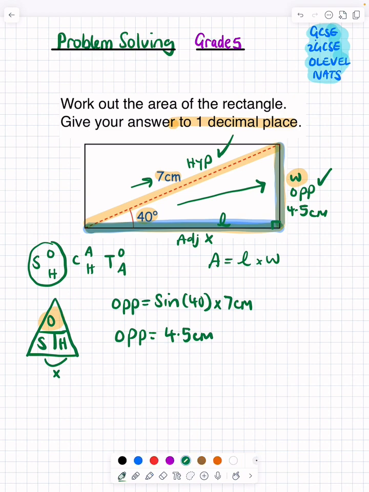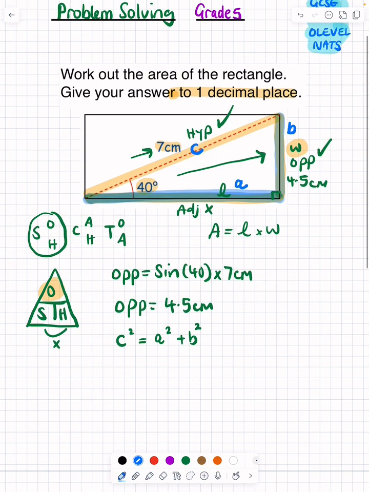Now the Pythagoras theorem says c squared equals a squared plus b squared. Now c is the longest side of this right angle triangle. It only works in a right angle. And we need to work out the length. So I'm going to call this A and call this B, this side over here. The two shorter sides can be A or B.